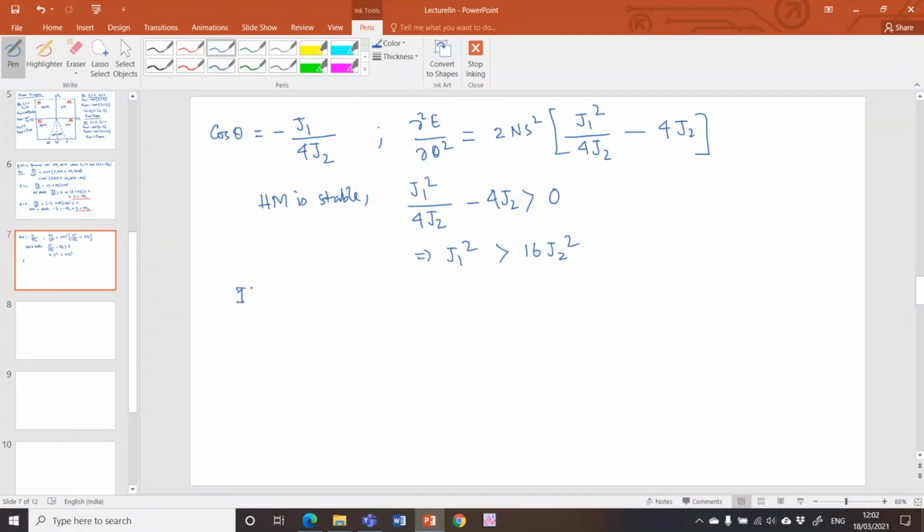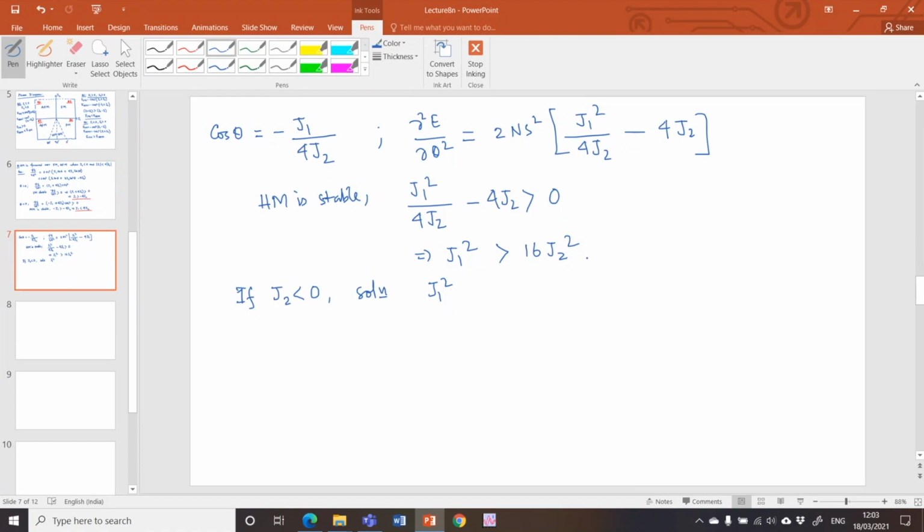So let's say if J2 is less than 0, then the solution will be J1 square has to be, I think, yes.